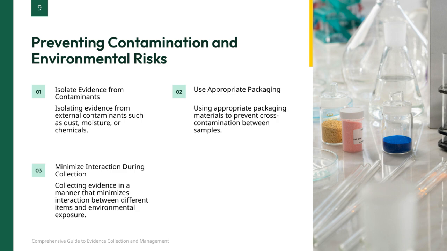Finally, it's important to minimize interaction during collection. This means collecting evidence in a way that limits contact between different items and reduces exposure to the environment, preserving the original condition as much as possible. These steps are vital to maintain the accuracy and credibility of the evidence throughout the investigation process.